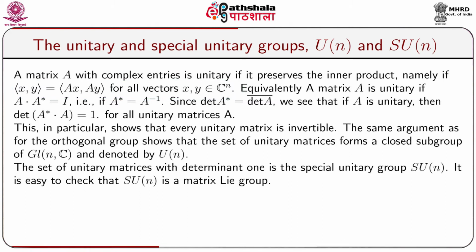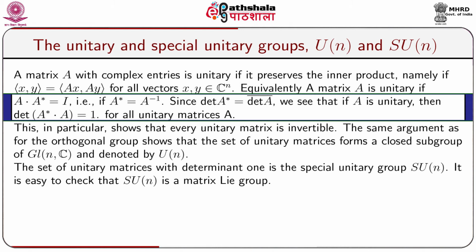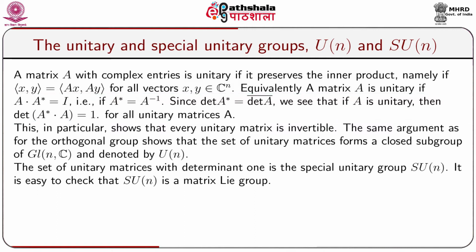Equivalently, a matrix A is unitary if A conjugate transpose times A is equal to the identity matrix. That is, if the conjugate transpose of A is its inverse.